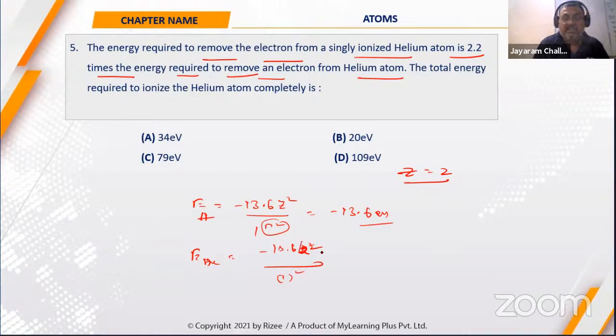So he is asking the total energy required to ionize. So for the total energy required to ionize, calculate and substitute all these values. You can get the total energy required for the ionization conditions, please. So what is this? 13.6 into 4 times is? Yes. So 13.6 into 4, you need to multiply and verify whether you are getting the correct answer or not.